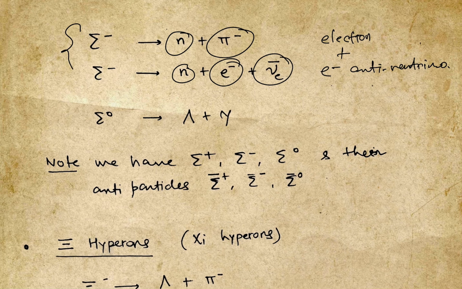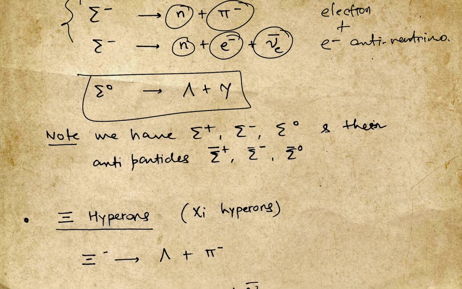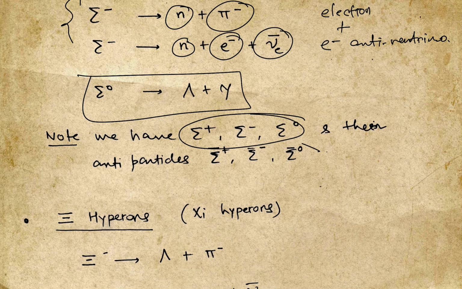And neutral sigma hyperon is giving one hyperon and one gamma ray. That is it. And we have these three, and they are anti-particles. It goes unsaid, even if I don't tell you that there is some anti-particle, that doesn't mean anti-particle is not there. Anti-particle is always there.